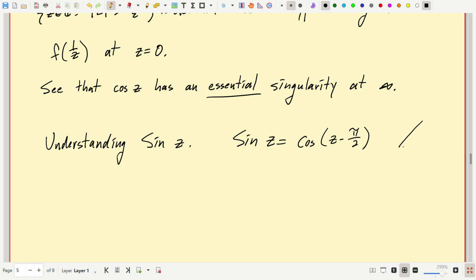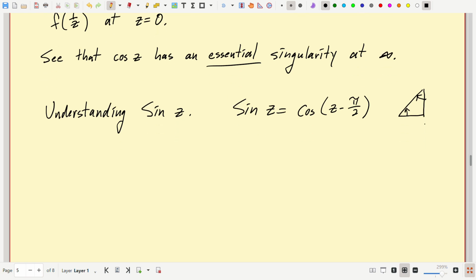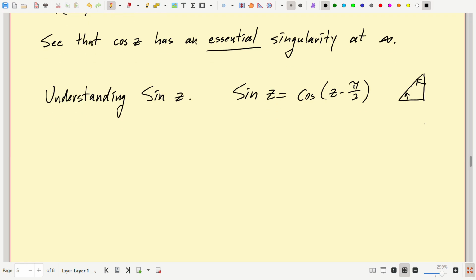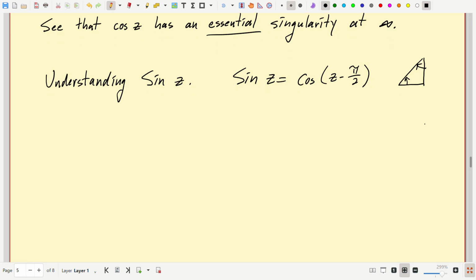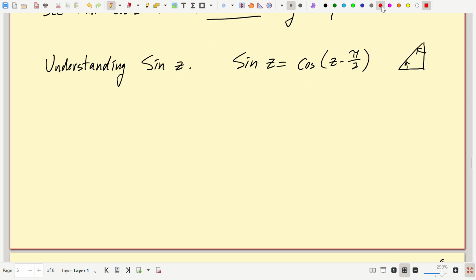You look at the angles of a right triangle, and this one and this one add up to pi over 2. So that's a trig fact. And that means that if I'm going to take that picture, I would do the same thing, but I'd shift it by pi over 2.